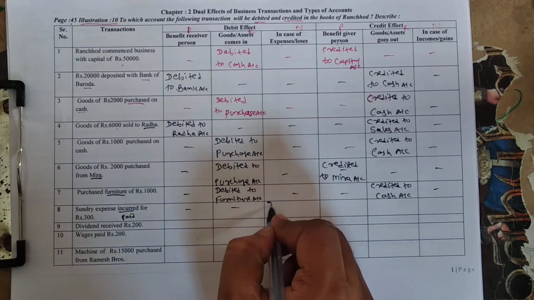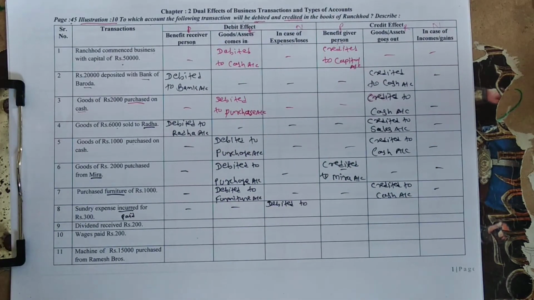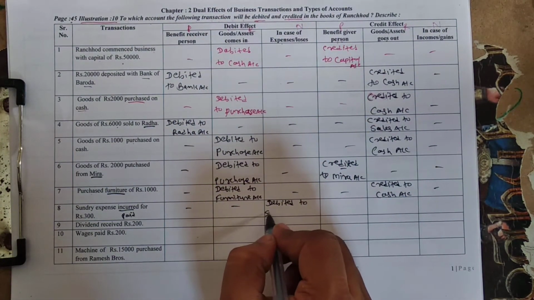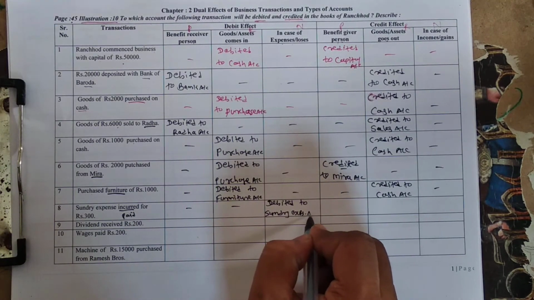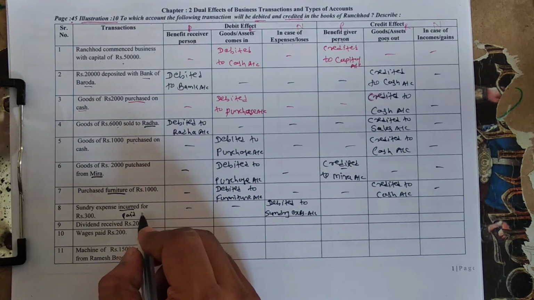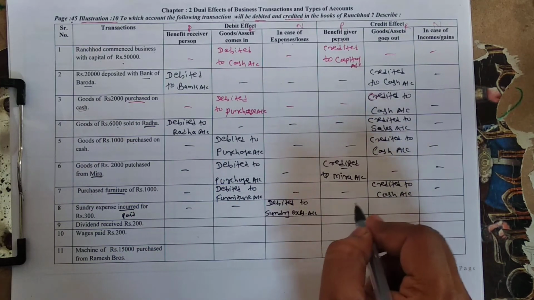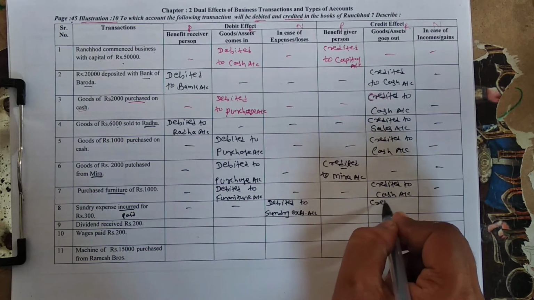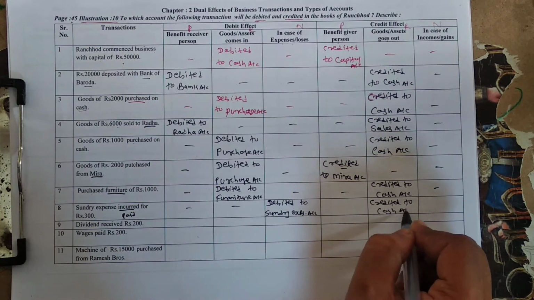So in the third column, debited to sundry expense account, right? And what will be the second effect? Paid would indicate that it is paid by cash. Cash goes out. Cash is a real account. So in the second column, credited to cash account.